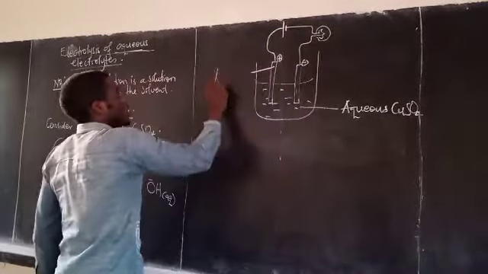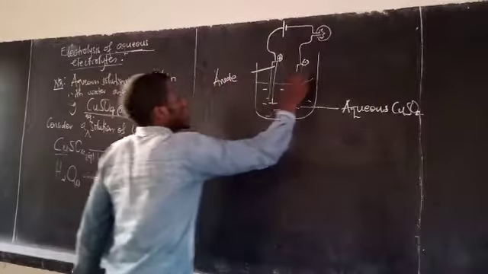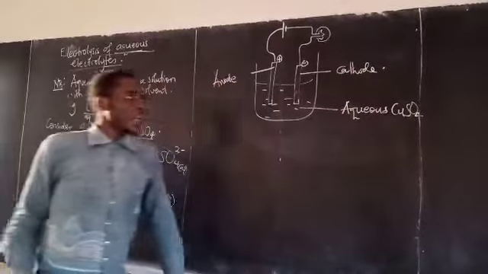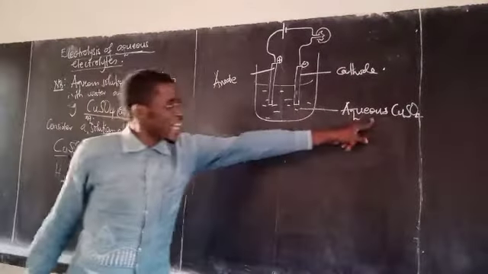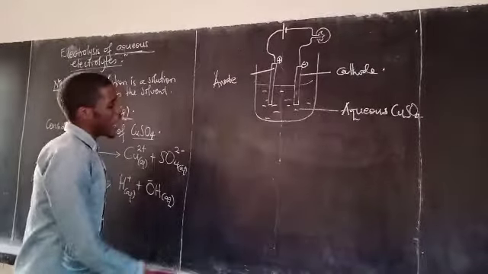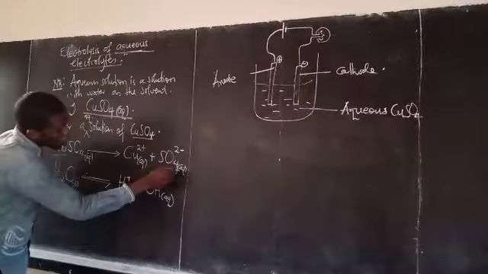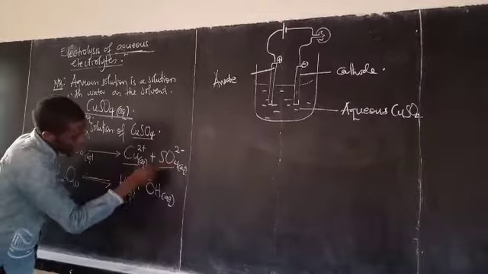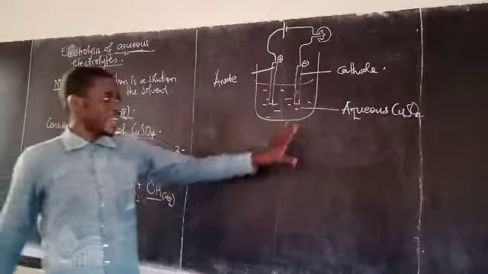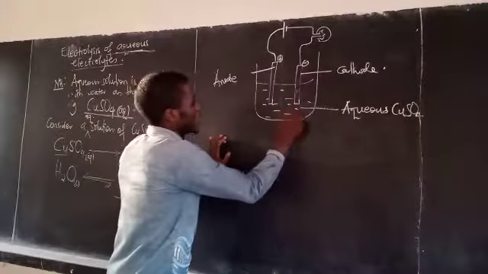So this is the anode and this is the cathode. When you have this electrolyte, you have copper ions, sulfate ions, hydrogen ions, and hydroxide ions inside it.